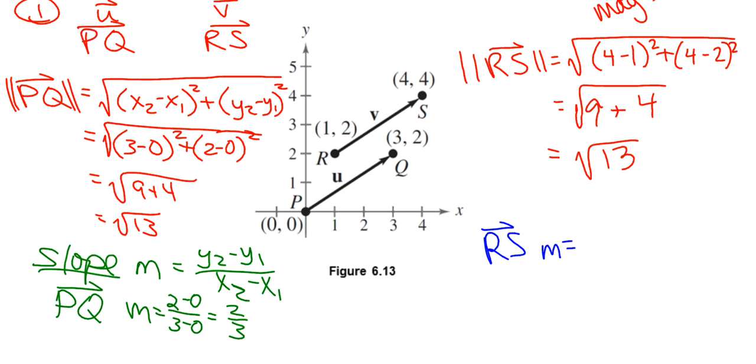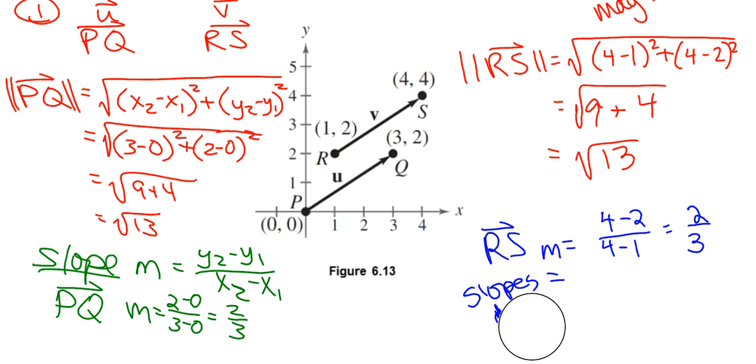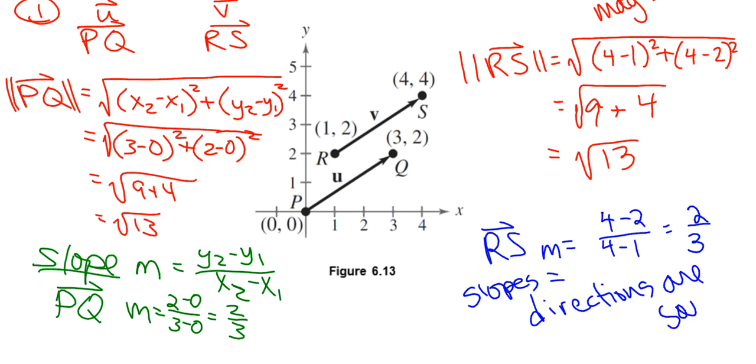How am I going to do that? And that is 2 over 3. So their slopes are the same. Slopes are equal, so their directions are the same. So pretty straightforward as we look at this.